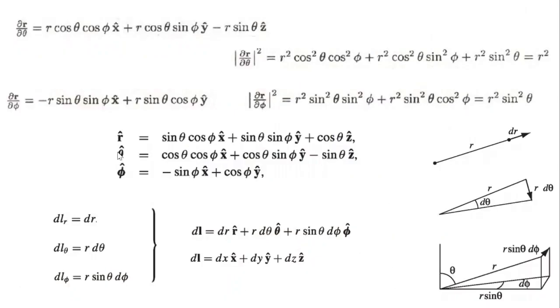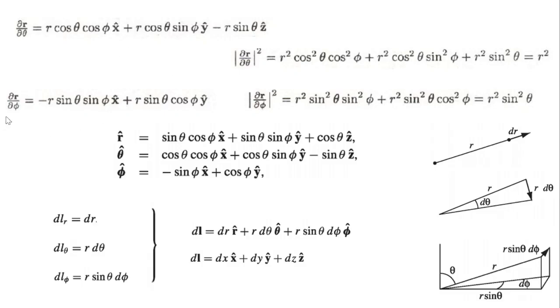Similarly, θ cap is nothing but ∂r/∂θ divided by modulus of ∂r/∂θ. The square of the modulus is r², so modulus is r. So basically you divide this expression with r, you get θ cap equal to cos θ cos φ x cap plus cos θ sin φ y cap minus sin θ z cap.